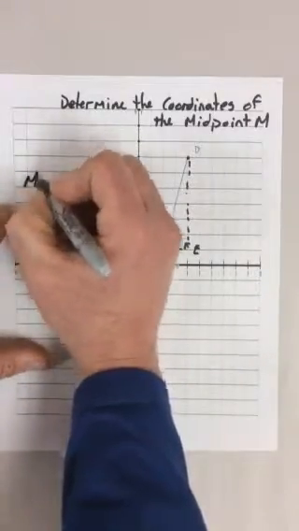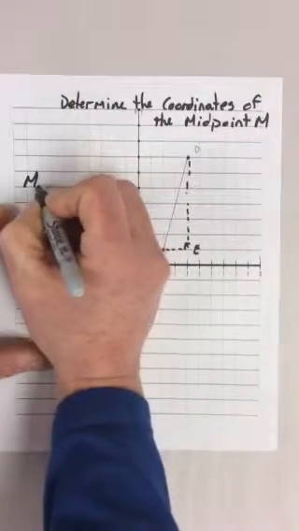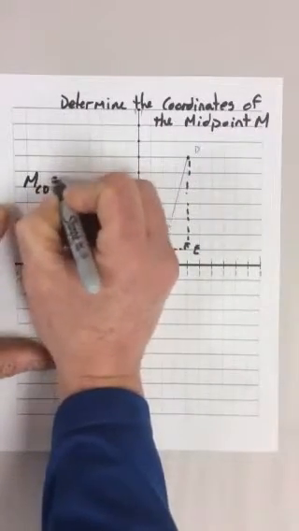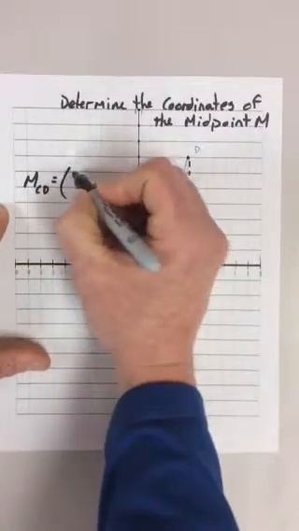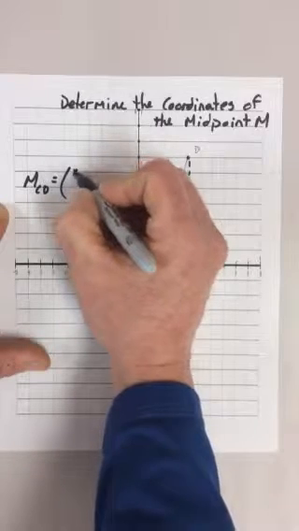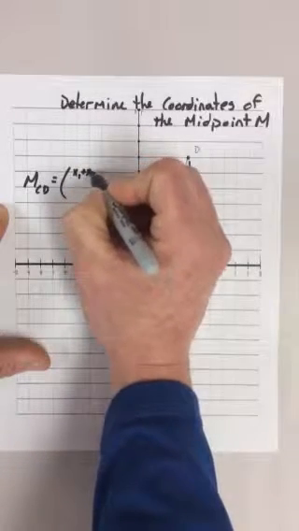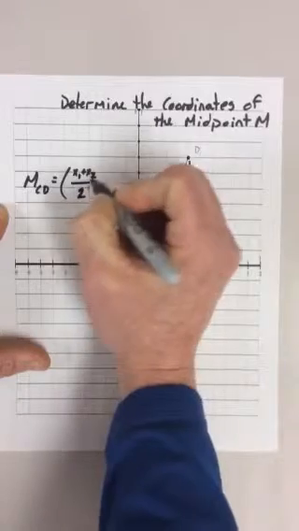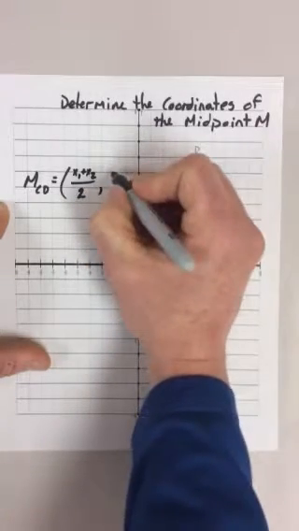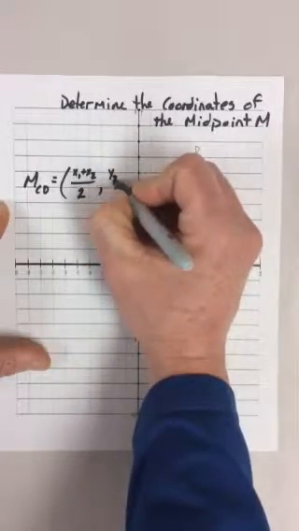The midpoint formula: the midpoint of the points C and D is equal to the average between the x values, x1 plus x2 over 2, and then the average of the y values.